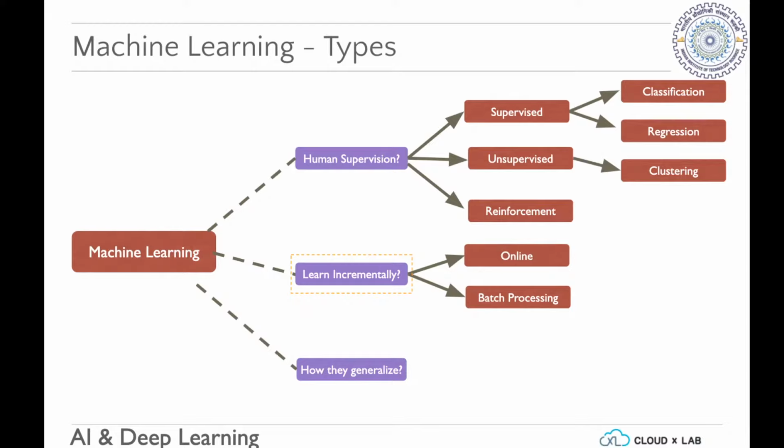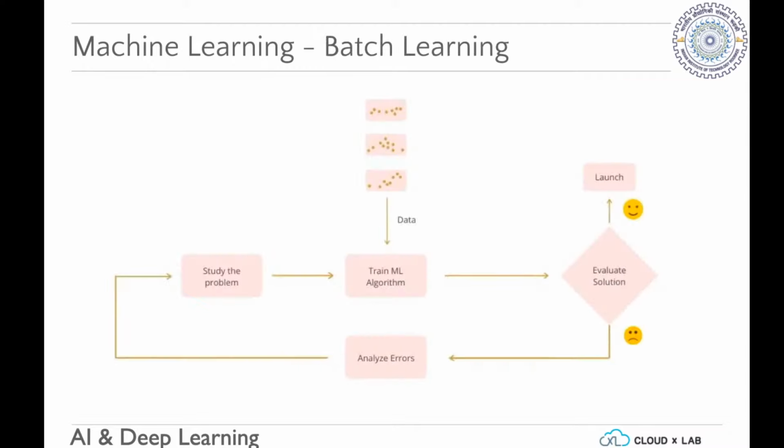Okay, now the next type of machine learning is, does it learn incrementally or not incrementally? Now let's see what that means. The first concept is called batch learning. In batch learning, the data is fed to the system in batches. Usually the problem is that you cannot throw large amounts of data into an ML system. You need to break it up.